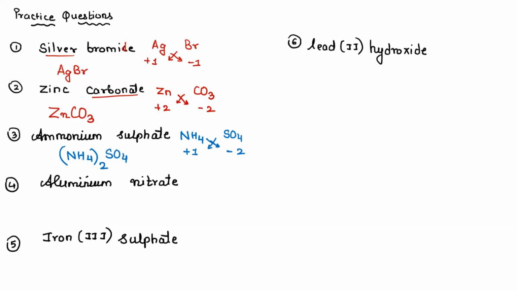Okay, next is Advait, aluminium nitrate. Ma'am, can I answer? No, wait, Ayush, you will get a chance. Advait, are you there in the class? Yes, ma'am. So what will be aluminium nitrate?